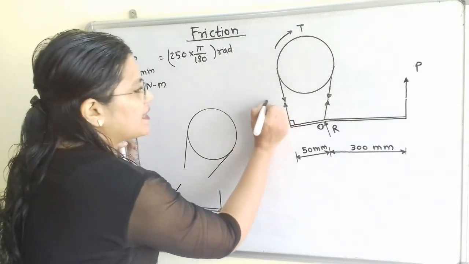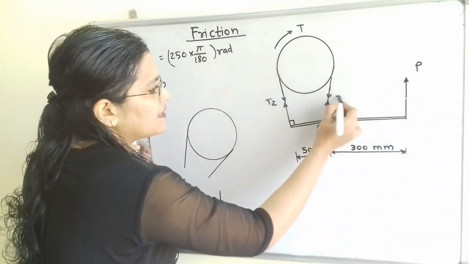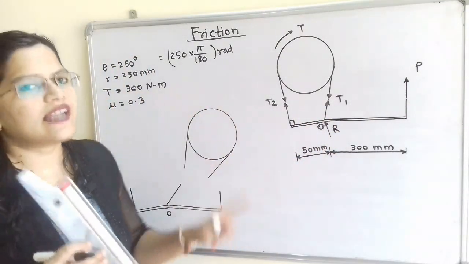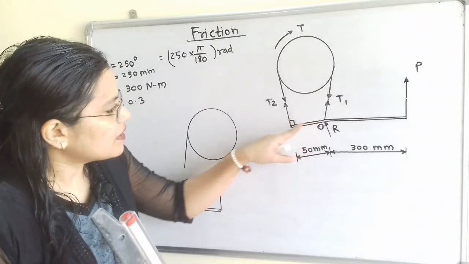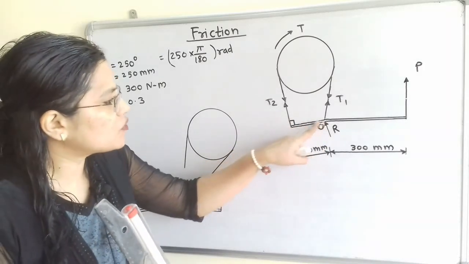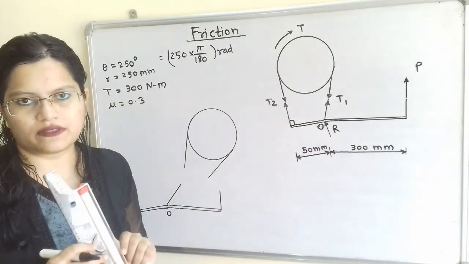So here we can write tension T2, and this side is the slack side, and here is the tension T1. Now in the diagram given, because this is the fixed part, here the normal reaction R, which is perpendicular to the surface of the fixed part, is also given.